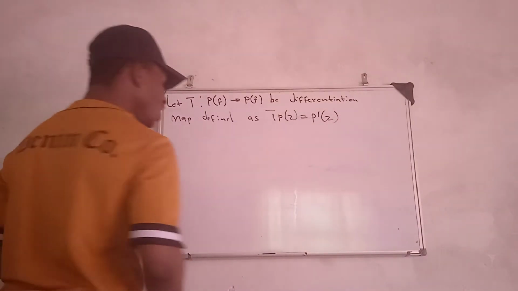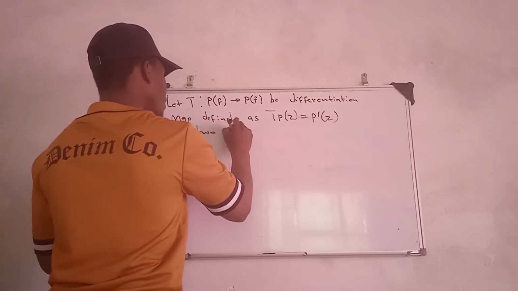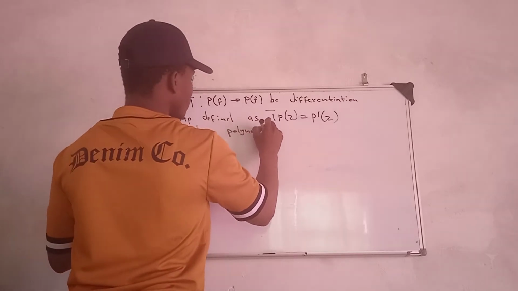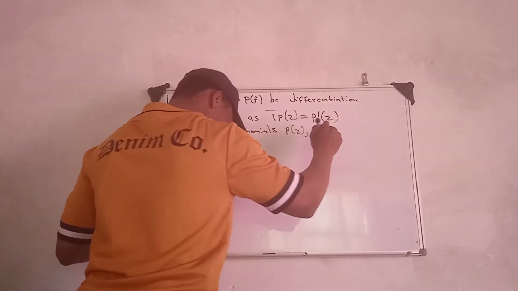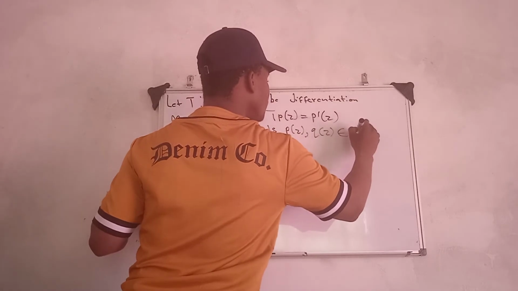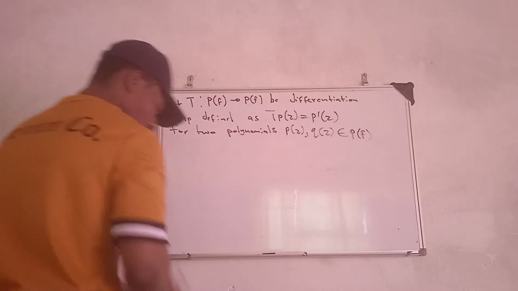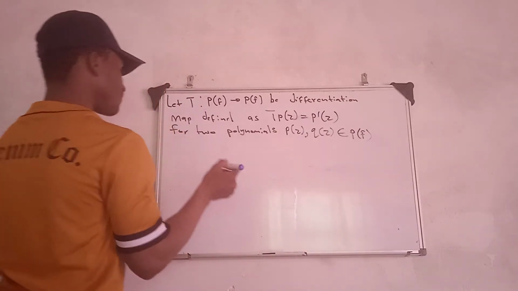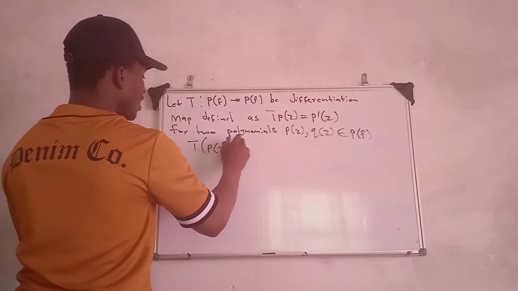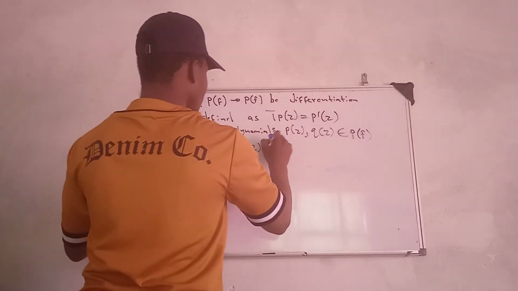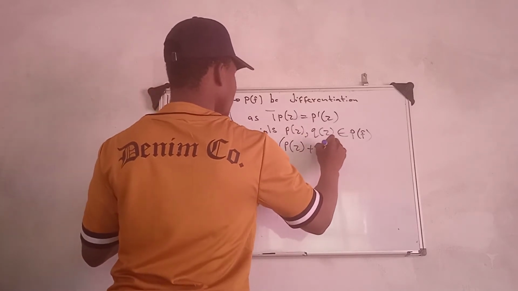So, for two polynomials p(z) and q(z), which exist in P(F), we say that T(p(z) + q(z)).